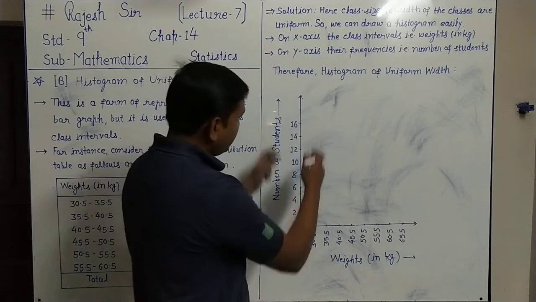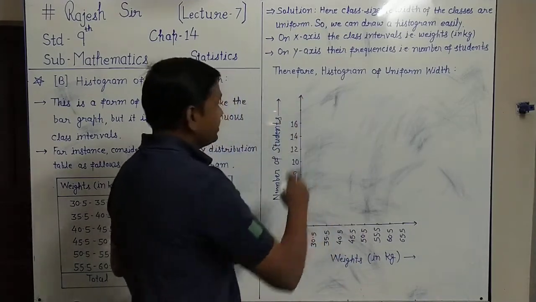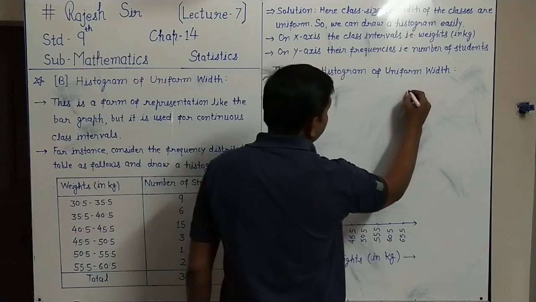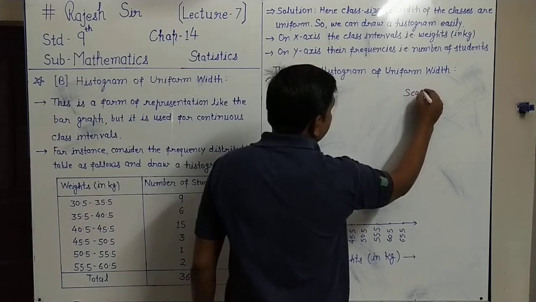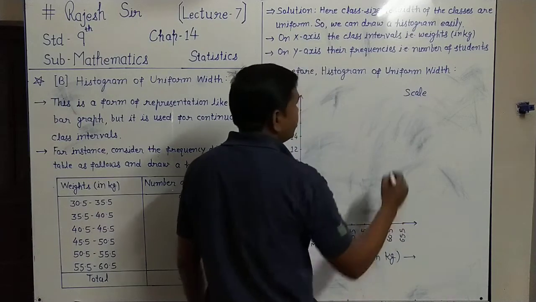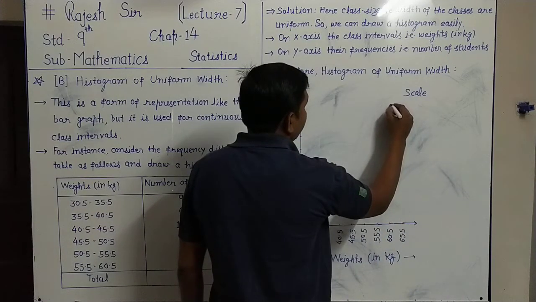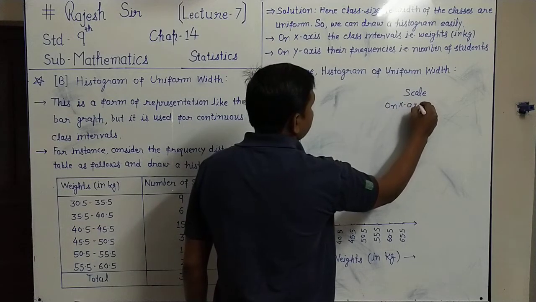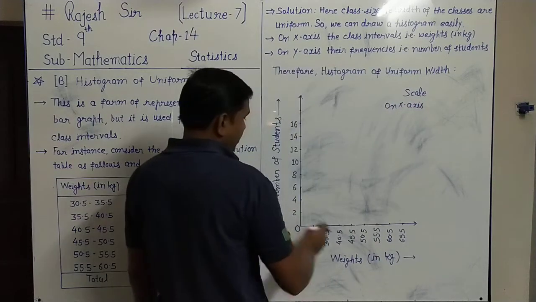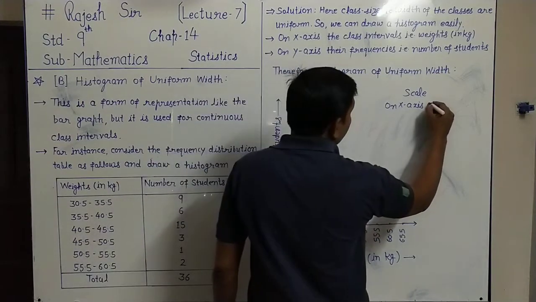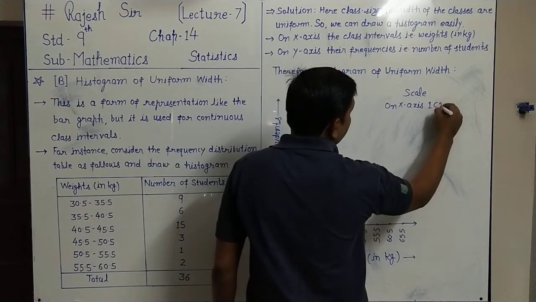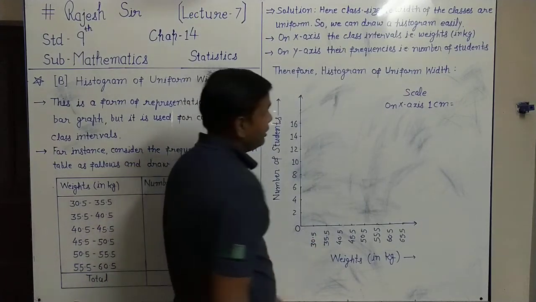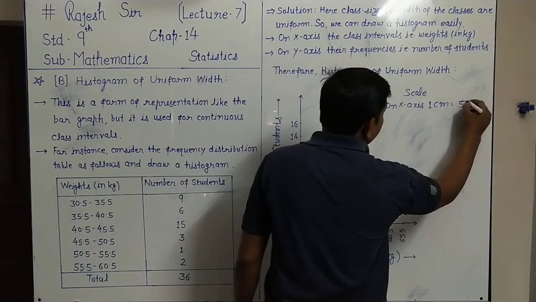you have to draw the x-axis and y-axis, and in the right corner area you have to write the scale. Whatever scale you have taken on the x-axis and y-axis, you have to show. What have we done on the x-axis? 1 centimeter equals 5 gaps, 30 and 35, so 5, and its unit is kilogram.